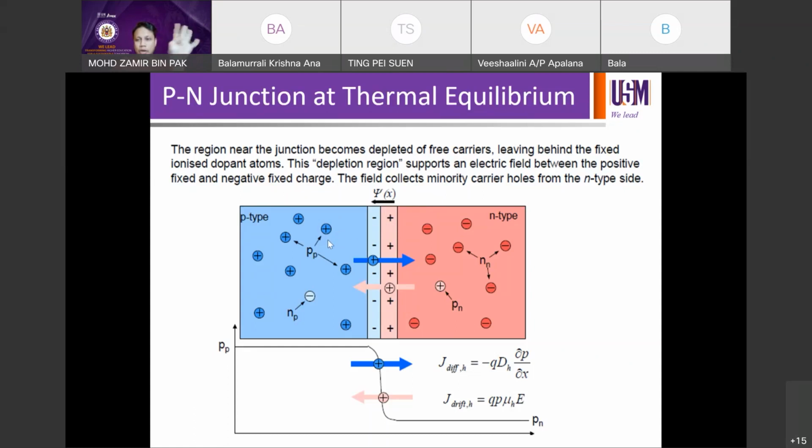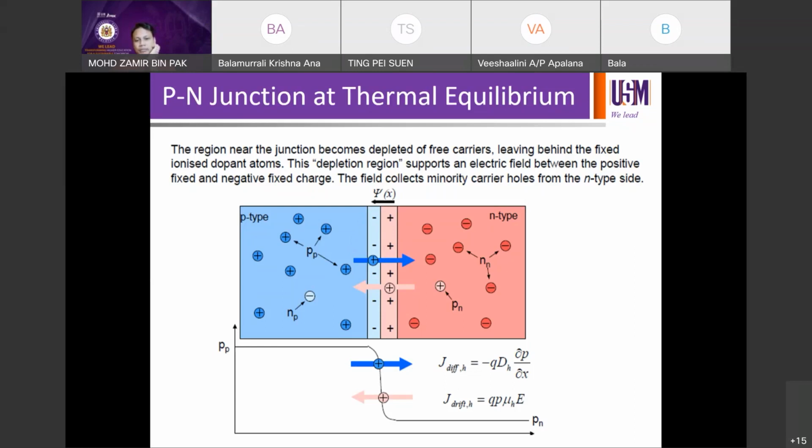But further away, you still have the carriers as in the original condition. So when holes are depleted from the light blue region, it is going to expose negative ion charges, and when the electrons are lost from the light red region, it is going to expose positive ion charges. So this formation of negative and positive ion charges leads to formation of an electric field and therefore a built-in voltage, right?